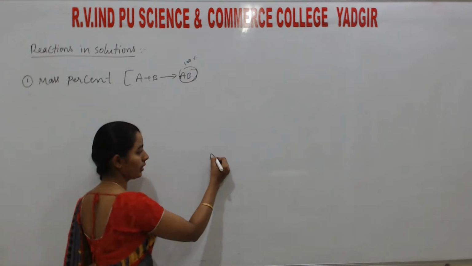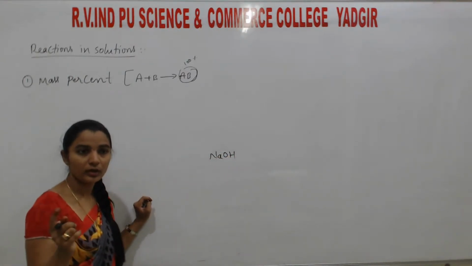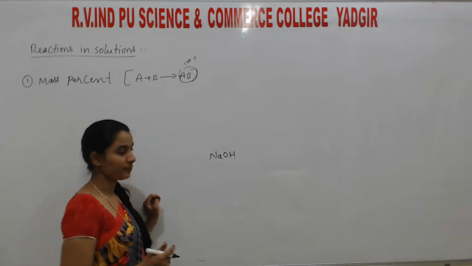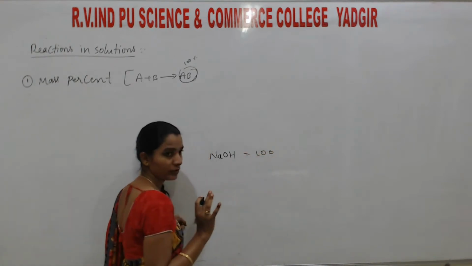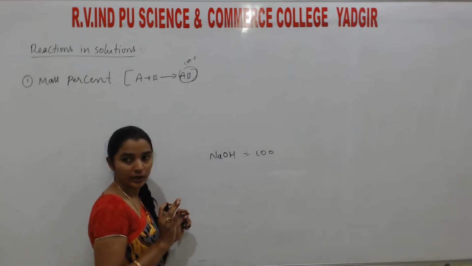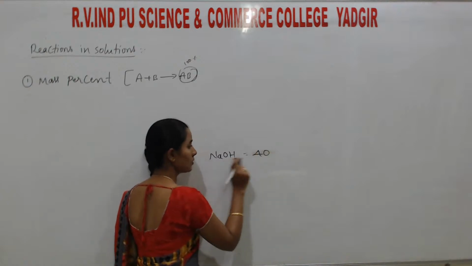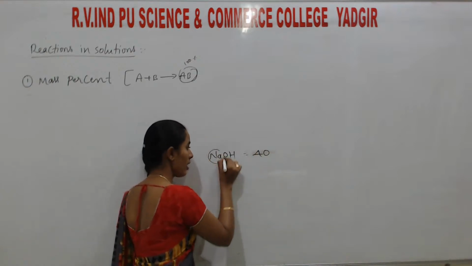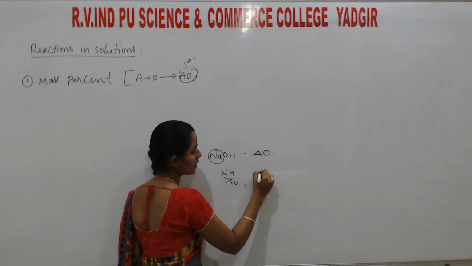For example, NaOH. You did percentage composition, right? Mass percentage is the same. Assume this NaOH is completely 100%. The mass of this is 40. How much Na is there? So Na divided by 40. How much oxygen is there?